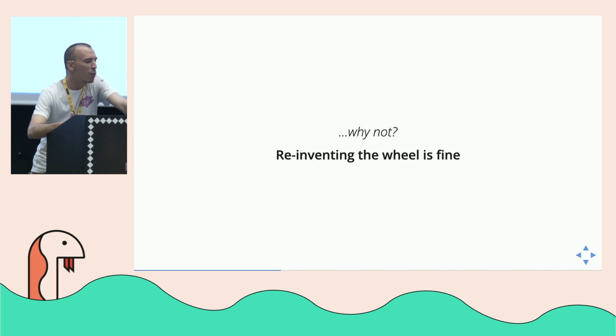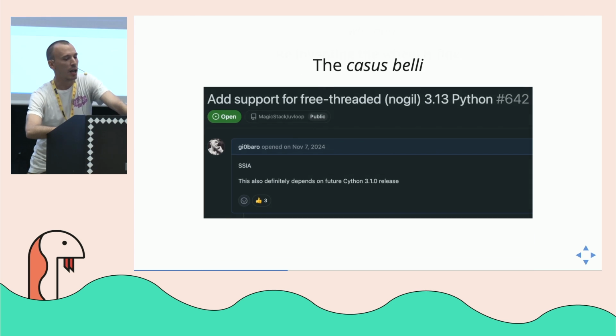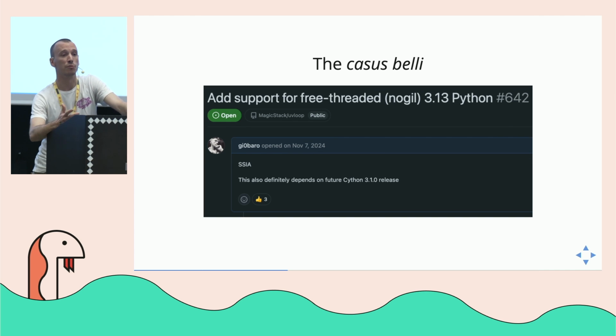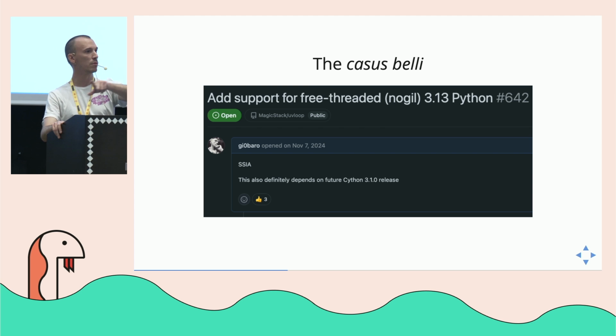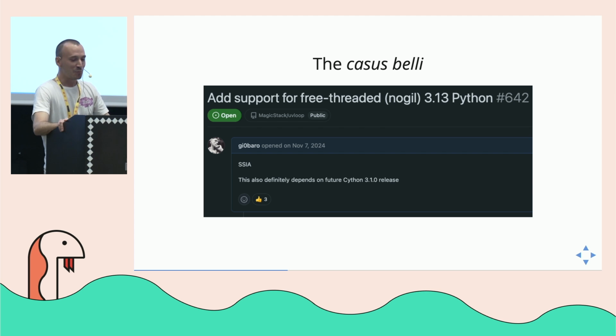So yeah, why not? But I also have a casus belli, or an excuse, for that. I opened an issue on uvloop. You know uvloop? How many of you use uvloop? Oh, a few people. Okay, you should use uvloop. By the way, it's an alternative event loop implementation, made in Python, relying on libuv, and I use it for everything.